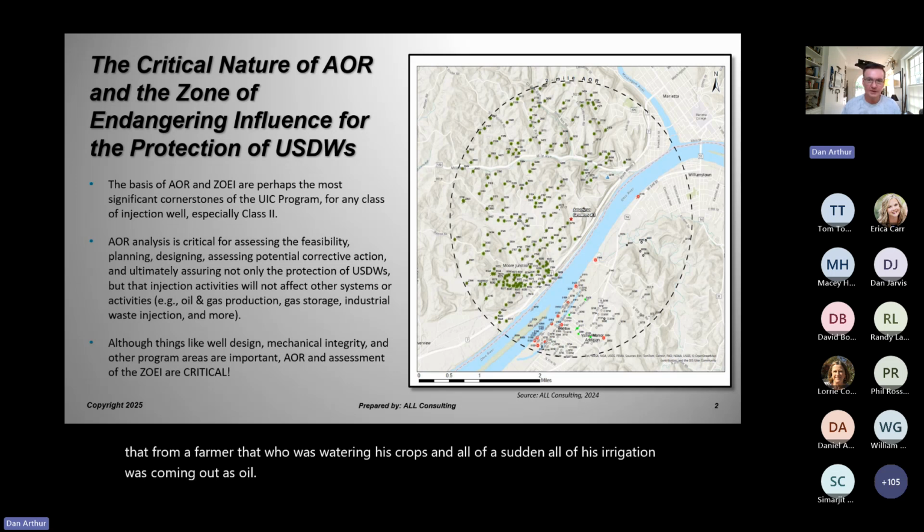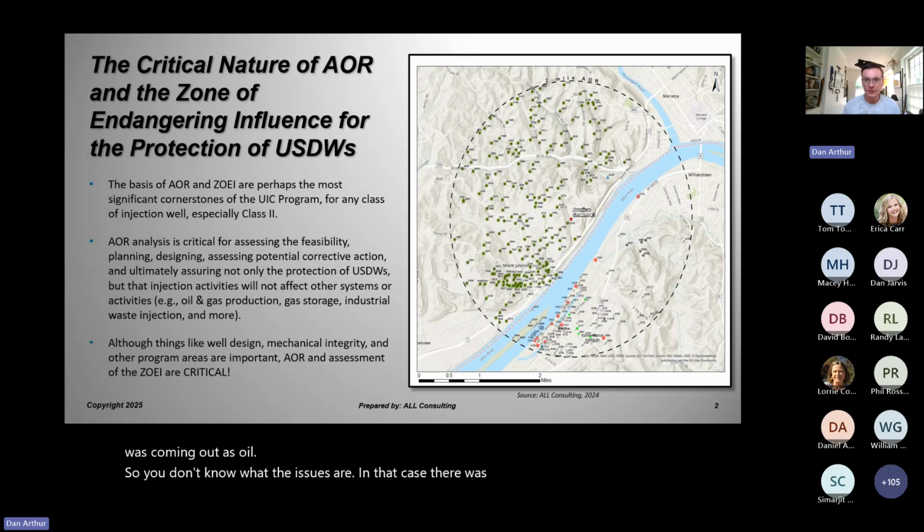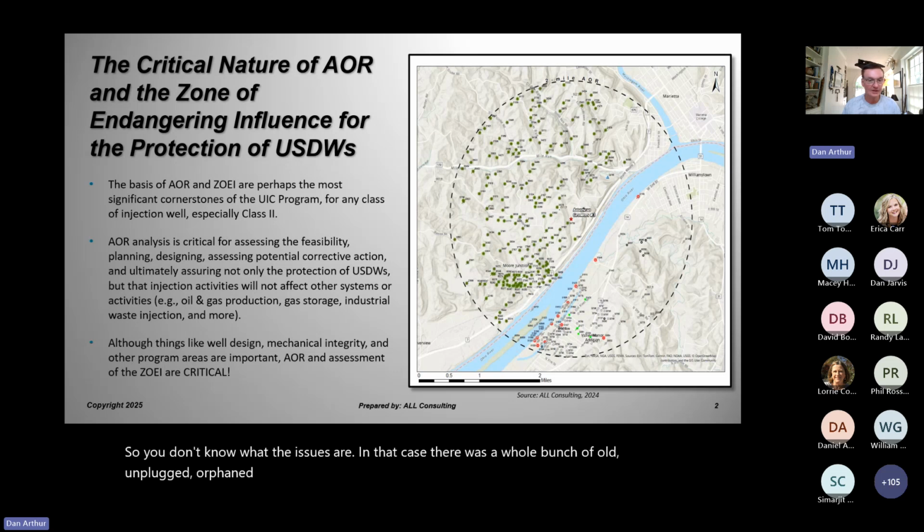So, you don't know what the issues are. In that case, there was a whole bunch of old, unplugged, orphaned wells right in the vicinity that were undocumented. So really understanding what's going on, where things are, and so forth is key.